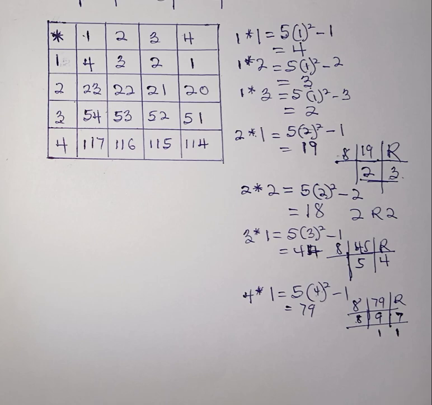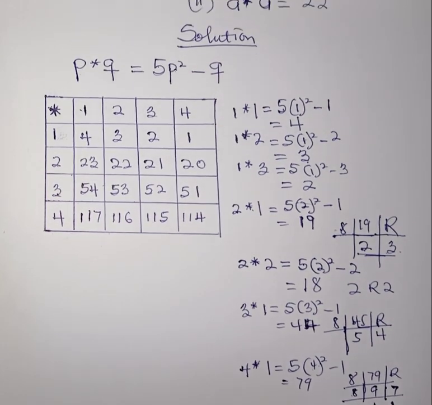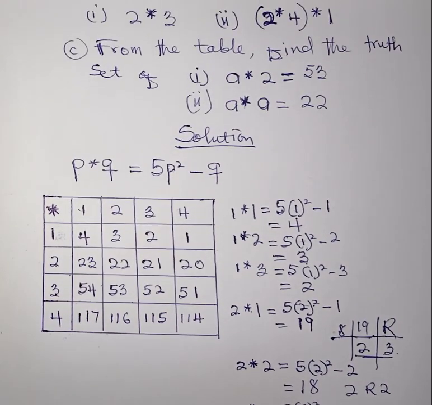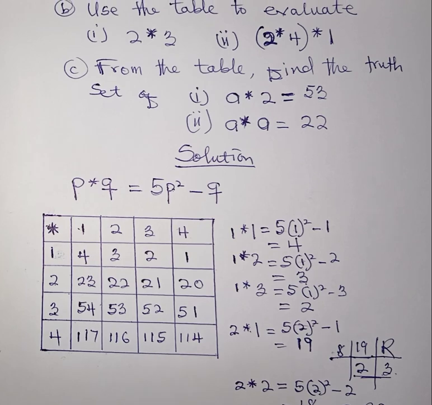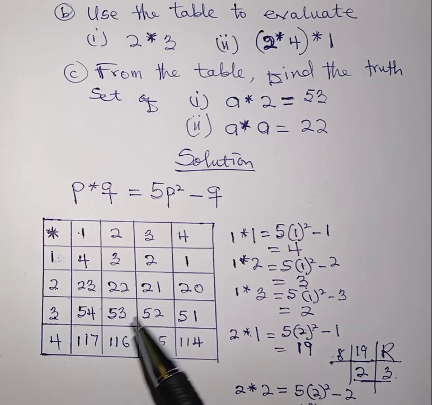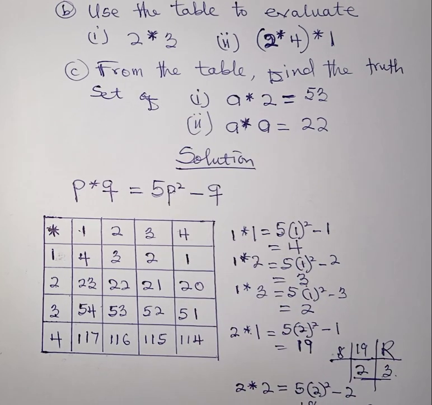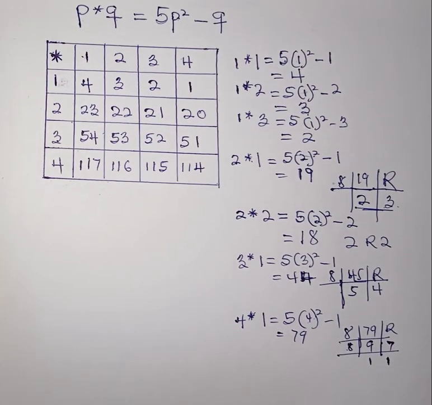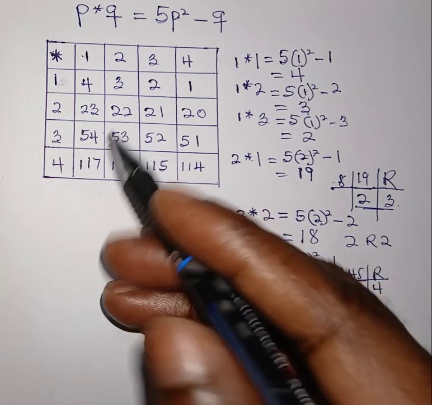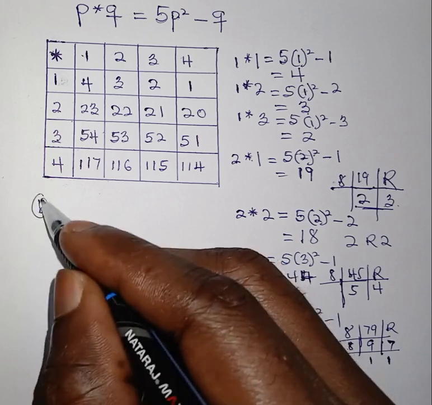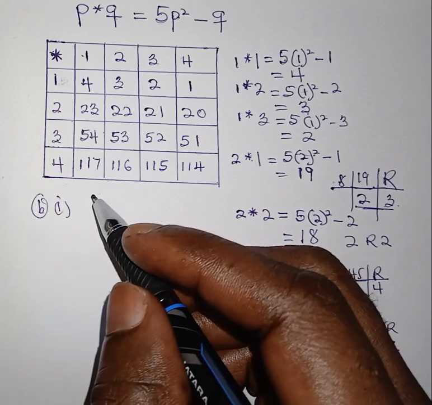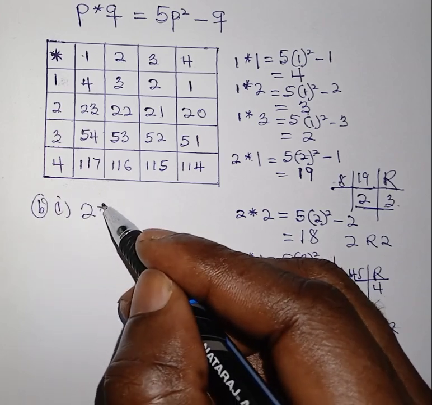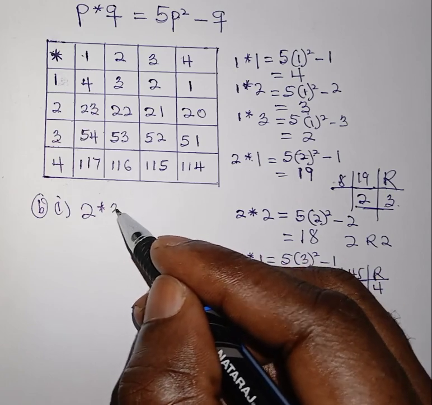Now let's quickly look at the rest of the questions given. For the B part, we are asked to use the table to evaluate. So for B, we have to evaluate 2 operation 3.